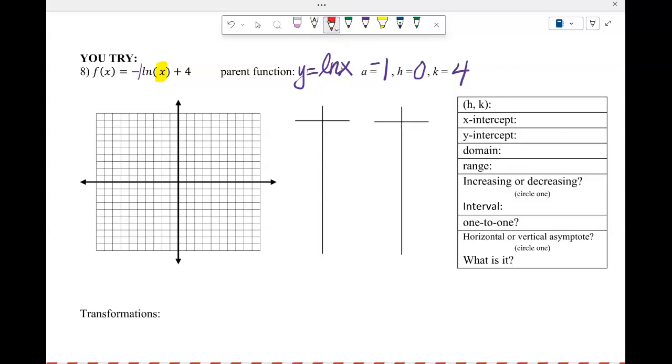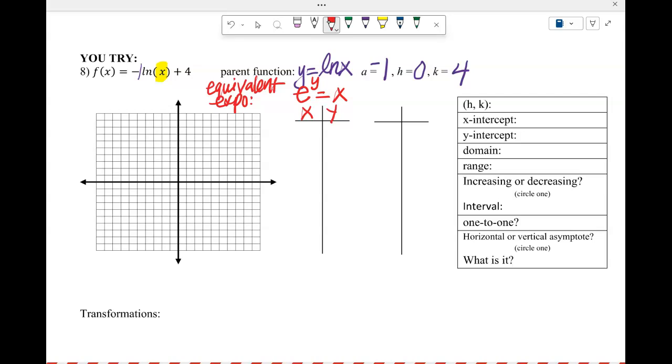Now, just like example 7, right? Natural log is log base e, so your equivalent exponential equation, guys, is going to be e to the y equals x, okay? Just like example 7, you guys will be picking your 5 y values and plugging them in to get your x.